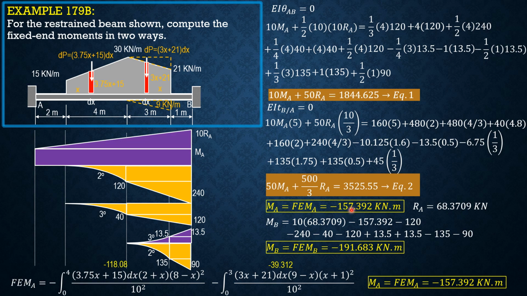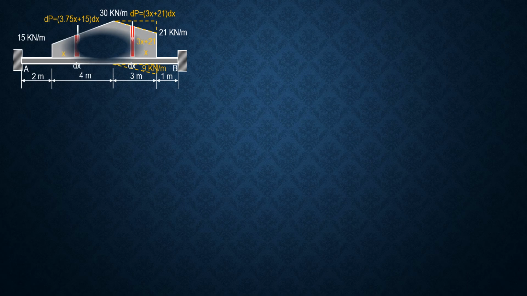Then for the fixed moment at B, we just use the same integrals. We just interchange the squared factor. So 2 plus x is now squared, 8 minus x is now raised to 1, then 9 minus x is now squared, x plus 1 is now raised to 1. So this is it.